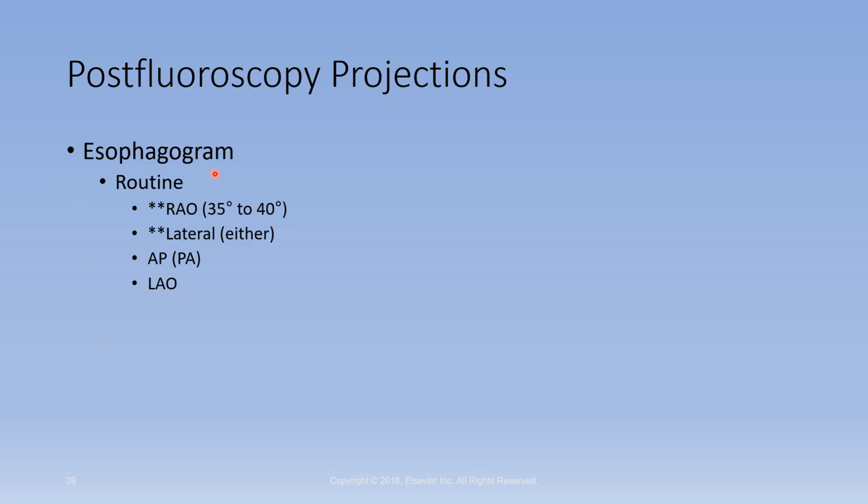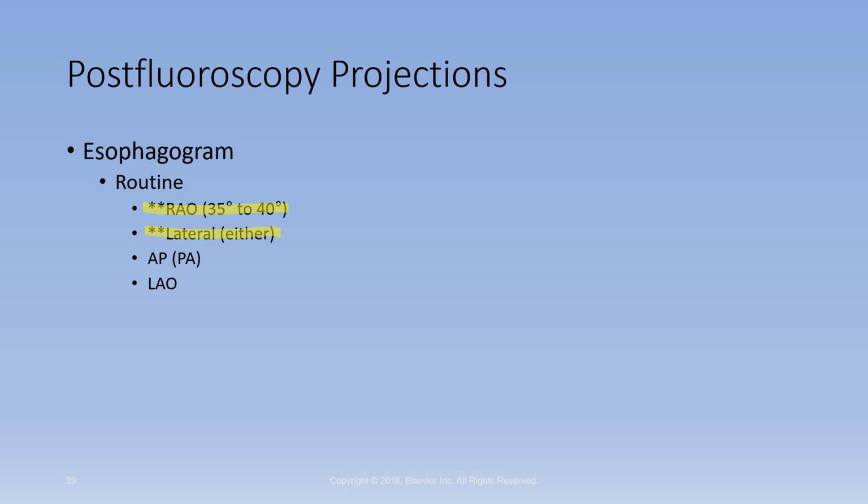In an esophagogram, there are typically 4 views that are done after the procedure. But I will tell you that only 2 of them are really diagnostic and provide information. That is your RAO and a lateral. Either lateral, right or left, it does not matter.